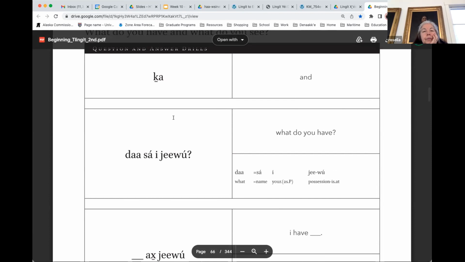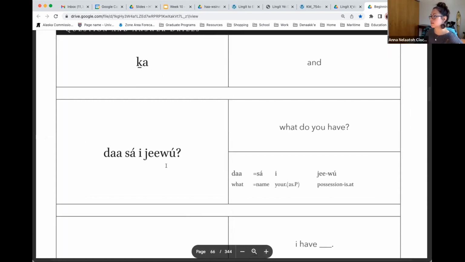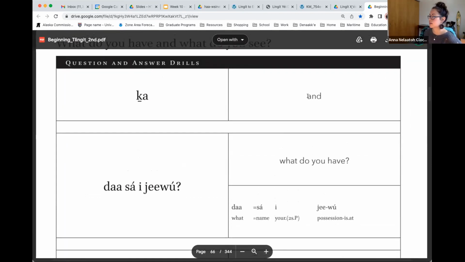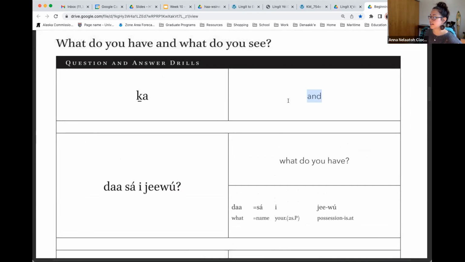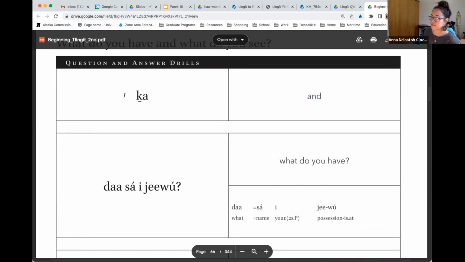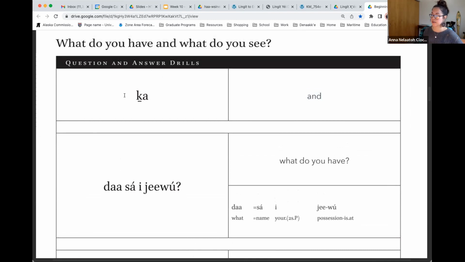Our terms that we'll use in these drills, the first one, as I mentioned in the beginning, means have. Repeat after me, ka. It's an underlined K, and so when I make this K, you make connection, right?